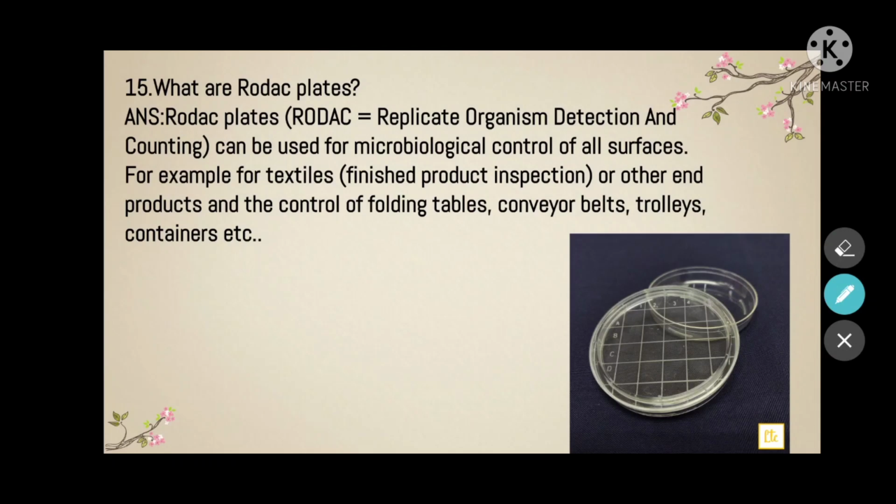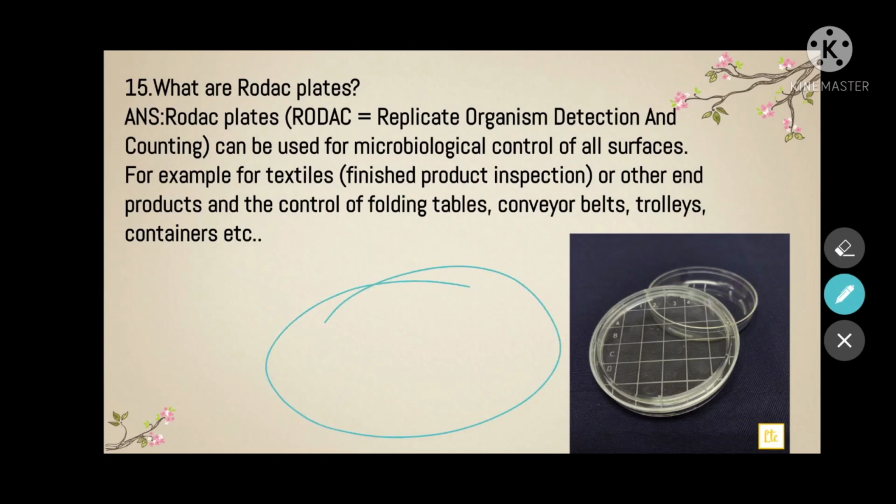For example, textiles or other hand products, and the control of folding tables, conveyor belts, trolleys, containers. They are controlling all the surfaces. Which ones? Rodac plates. So Rodac plates help to control all the surfaces, meaning surface media.